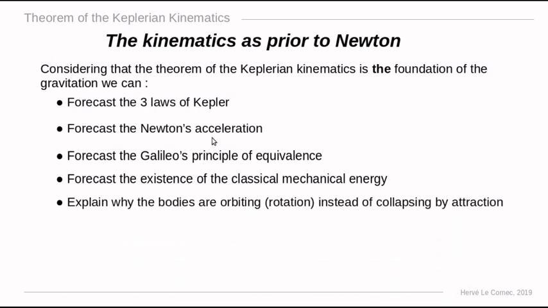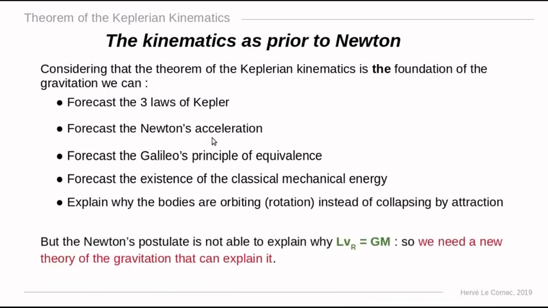We can even explain why the bodies are orbiting instead of collapsing by attraction. But Newton's postulate is not able to explain why LVR equals Gm. So we need a new theory of gravitation that can explain it.